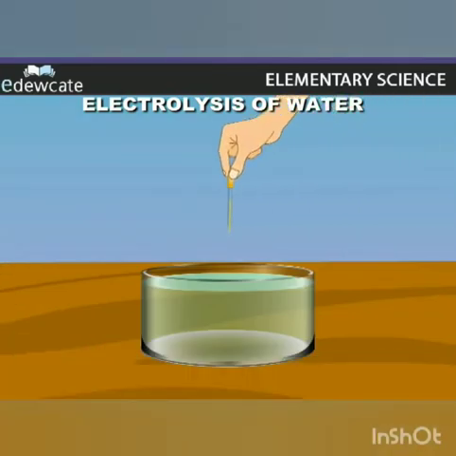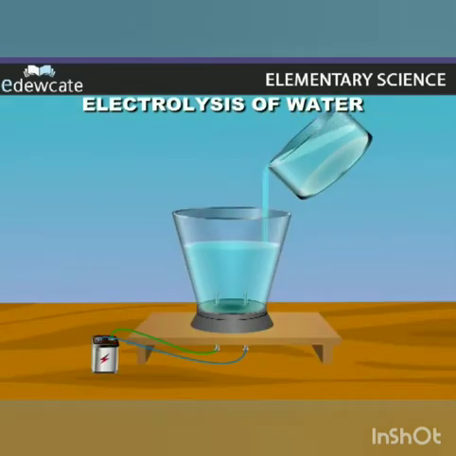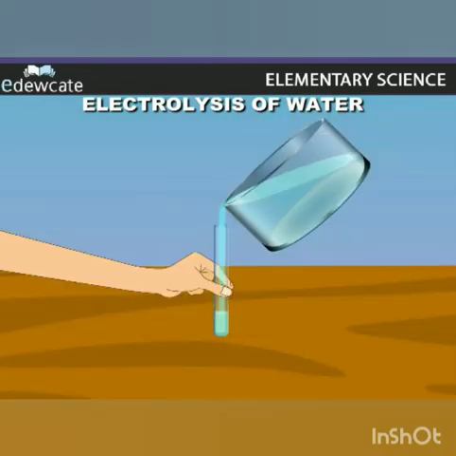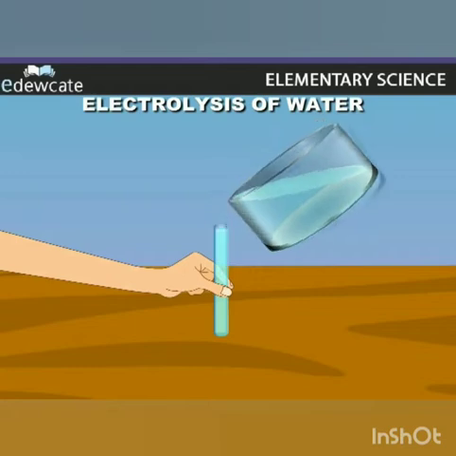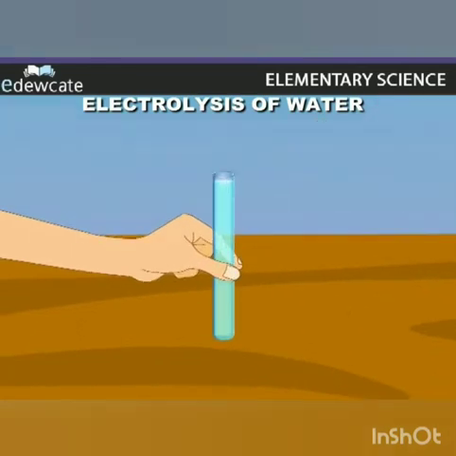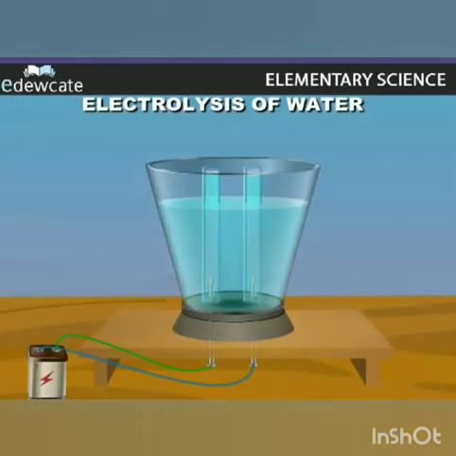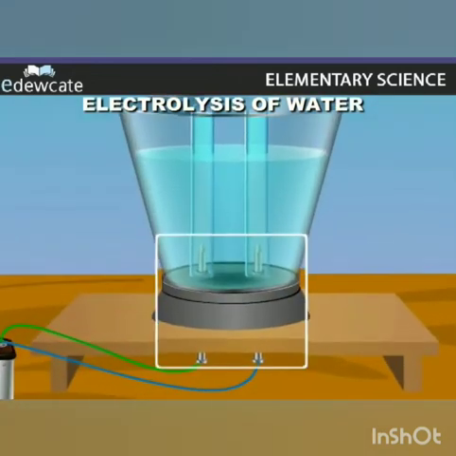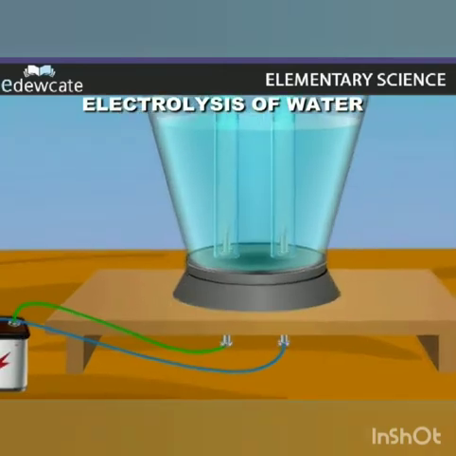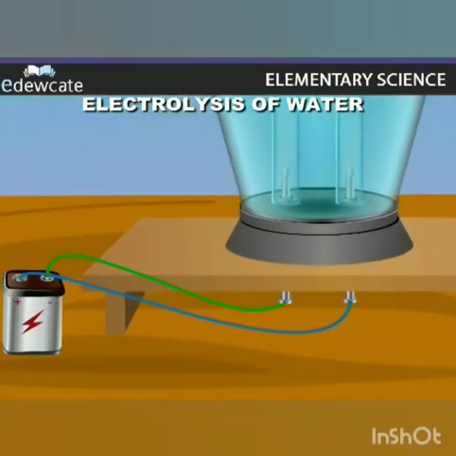Dissolve a little quantity of acid in water. Pour the solution in an apparatus as shown here. Fill 2 test tubes with solution and see that no air bubbles are present. Invert these test tubes over the iron nails. These are called electrodes. Connect these outer electrodes to the positive and negative terminals of a battery.